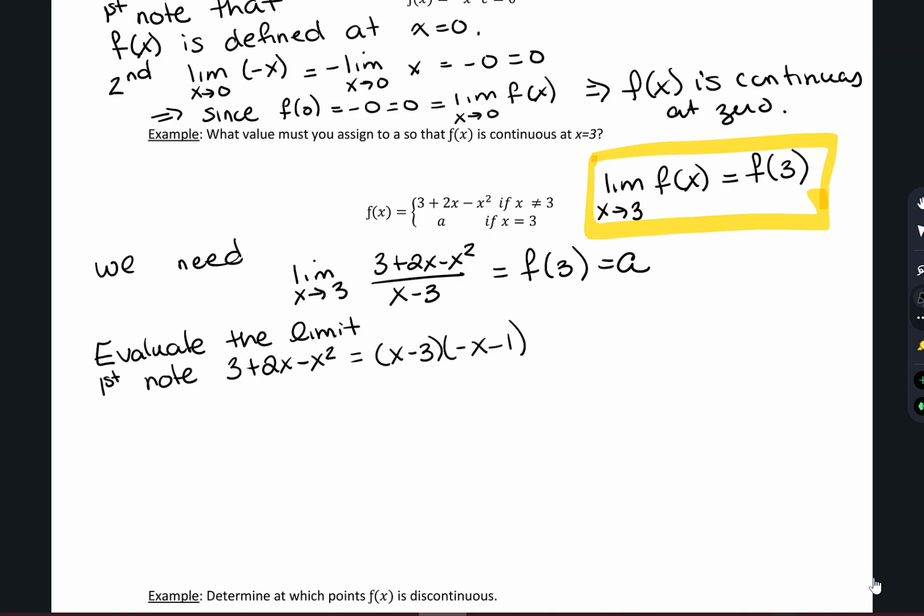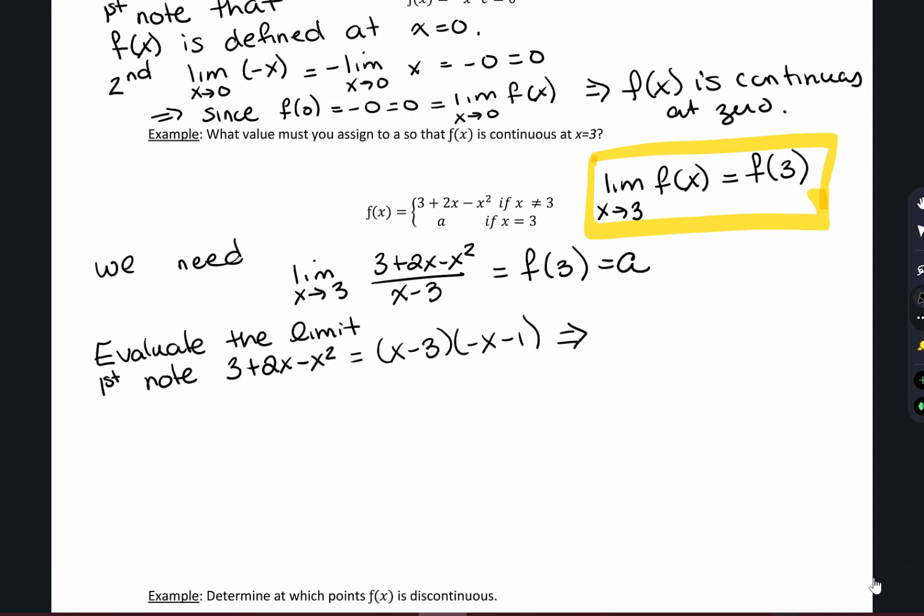Often when you see a quadratic term, especially if you've got something in the denominator below it, try to see if you can factor it so that the term in the denominator is one of the factors. Let me rewrite that now. Notice I'm not making that an equal sign.